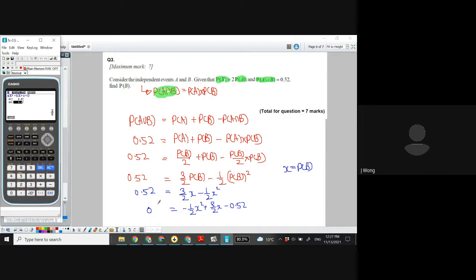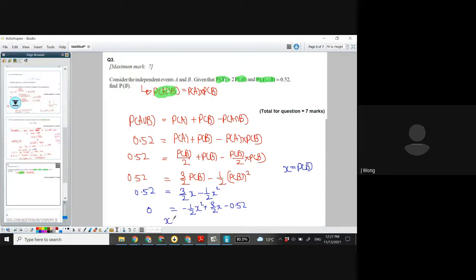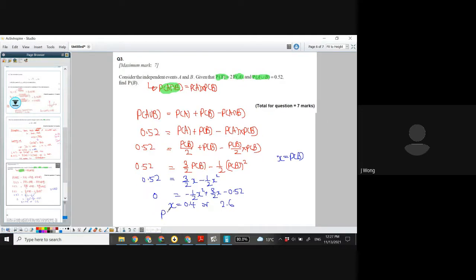That's just a reminder, but hey, I'm not going to do that, because I know this question is from somewhere else. So anyway, the answer that you will get for probability of B through the calculator is 0.4 or 2.6. Because it's probability, 2.6 is off the table. So the only answer that works is 0.4.